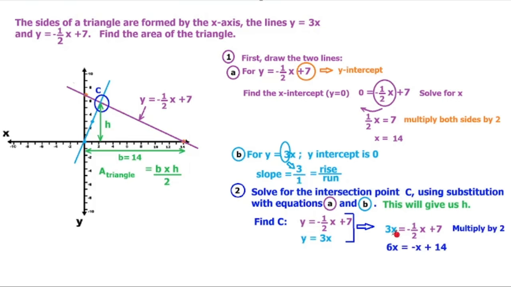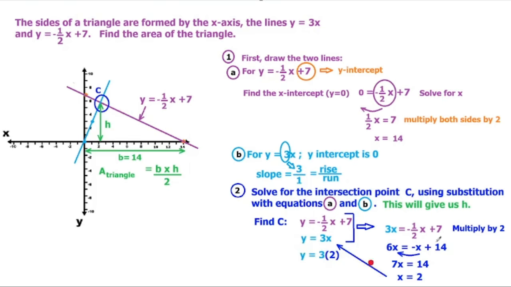So now we can multiply by 2 to get rid of the fraction, and we're left with 6x equals minus x plus 14. So we'll combine our like terms, and we'll move our negative x over, become 7x equals 14. So we'll divide both sides by 7, and we get x equals 2. So now we could put x equals 2 into our other equation.